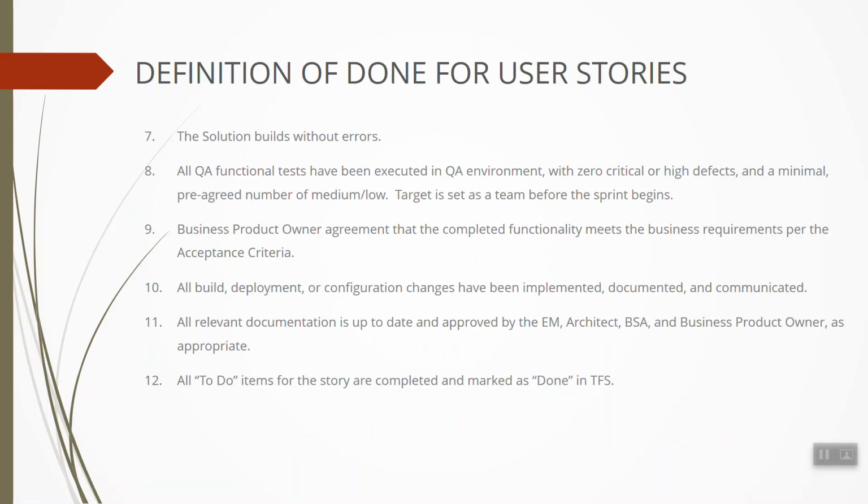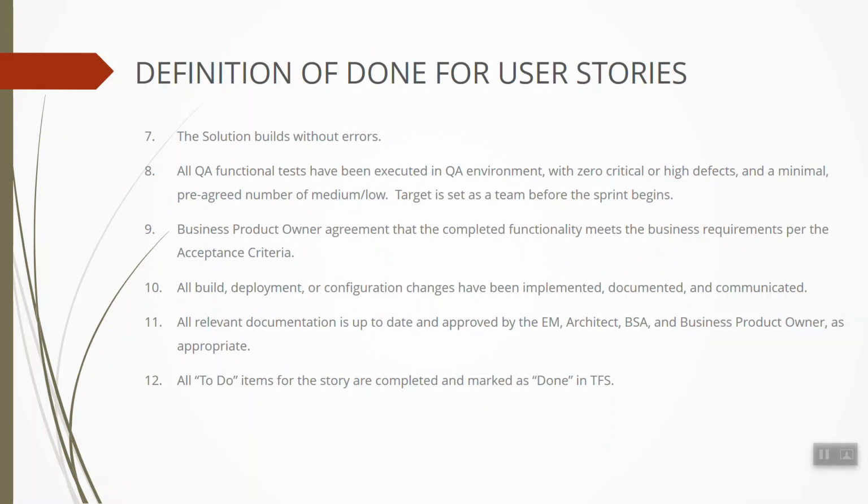So it should be properly tested to the level that the quality is acceptable to the end users. All QA functional tests have been executed in the QA environment with zero critical or high defects, and a minimum pre-agreed number of medium or low.